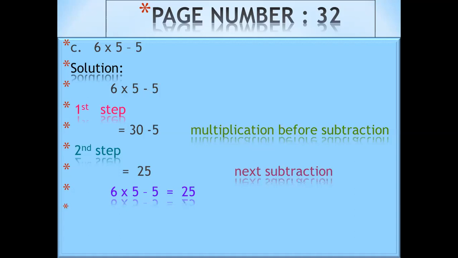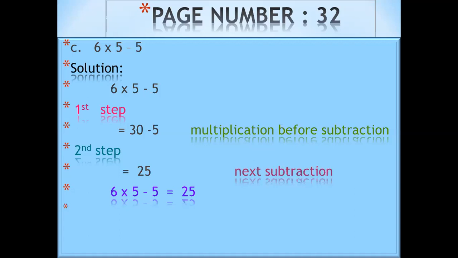So in the first step, we multiply the number 6 with 5. 6 5s are 30 and minus 5. Now subtract 5 from 30. 25 will be the required answer.